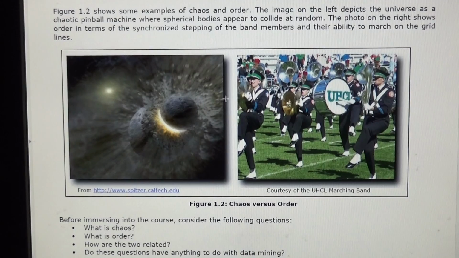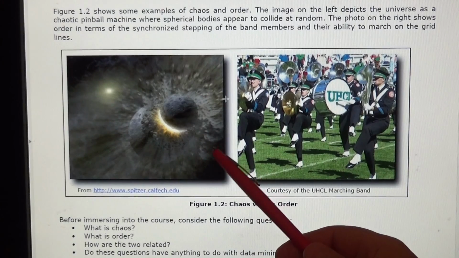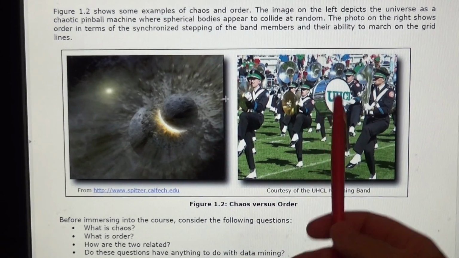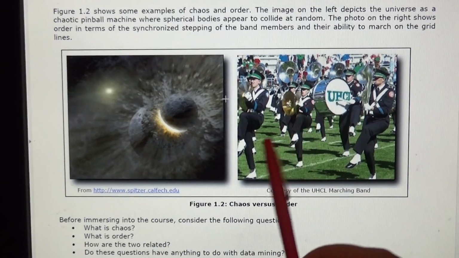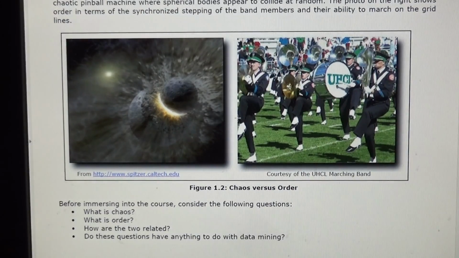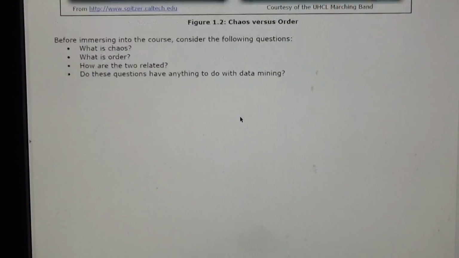And what we're trying to do as data miners is to recognize any patterns in terms of the chaos and make order out of those patterns and discover those patterns as we proceed. So we want to kind of move the chaos over to the order side.